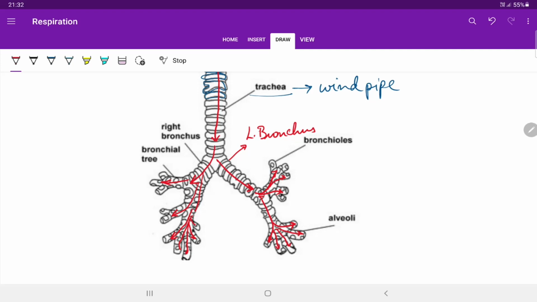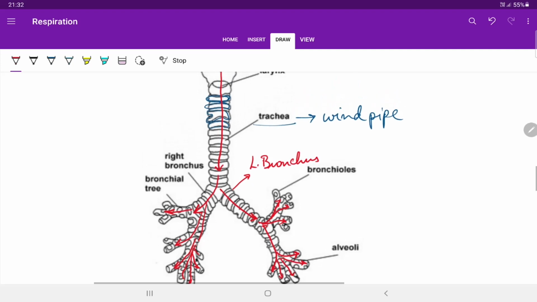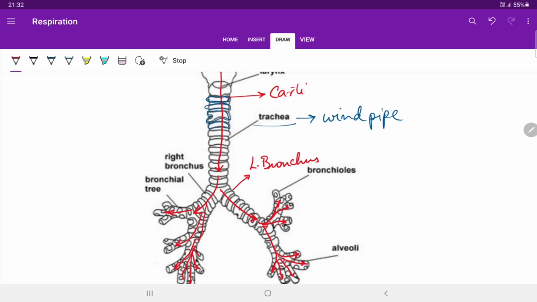their maximum limit. So, what we have seen is that the trachea is a muscular tube which is covered by the cartilaginous rings. Which are the cartilaginous rings? These are the cartilaginous rings. Why are they present? To prevent the collapse of the trachea. The trachea breaks up into two branches, called the bronchi, right bronchus and left bronchus.